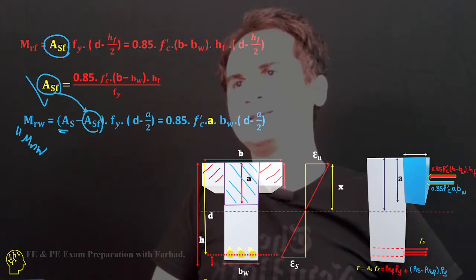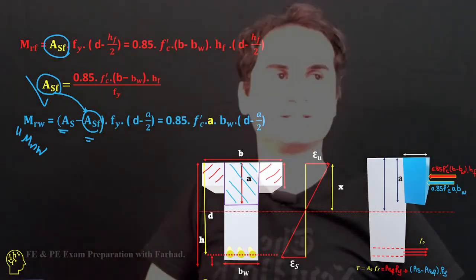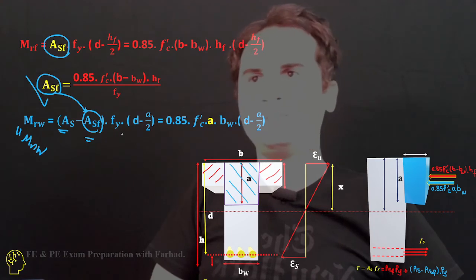That gives you (As minus Asf) times Fy, like in double reinforced concrete, As minus As' times Fy.